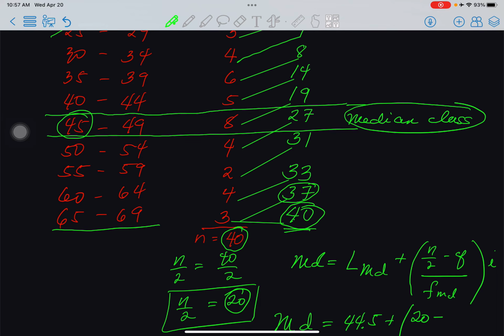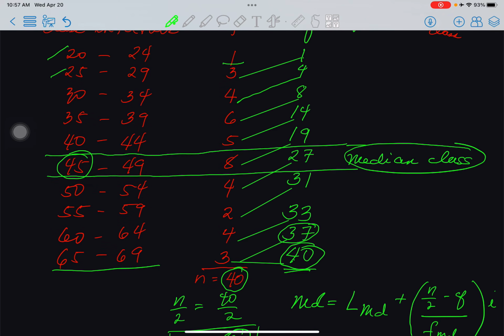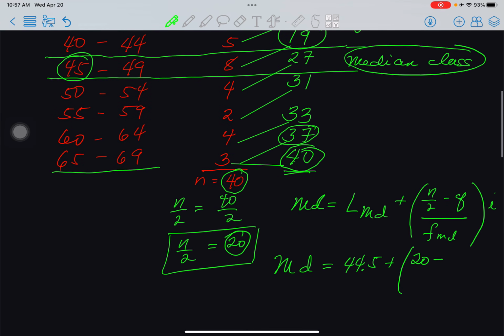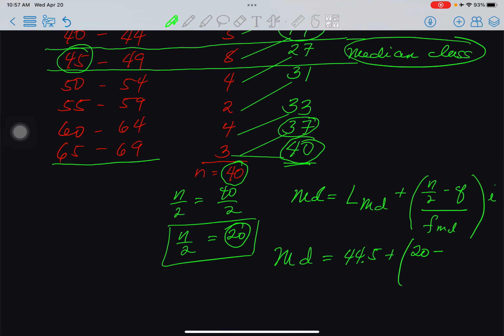The CF below, or preceding, the median class is 19. So, minus 19. Remember that your CF should not be higher than n over 2.